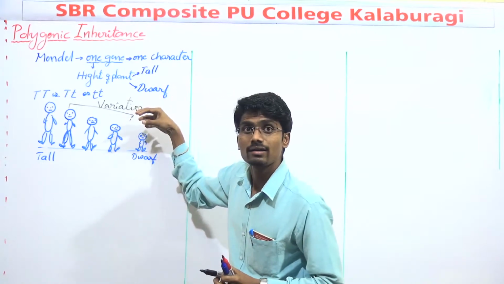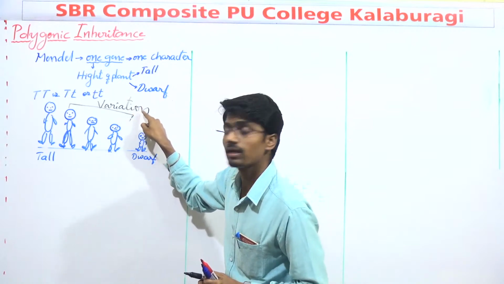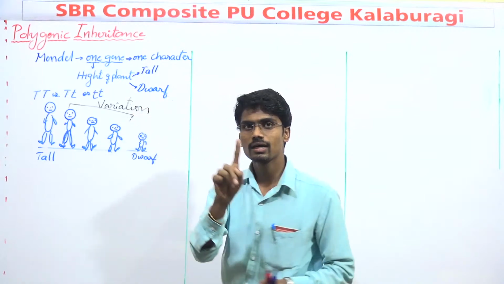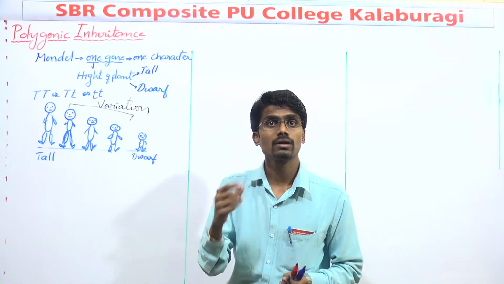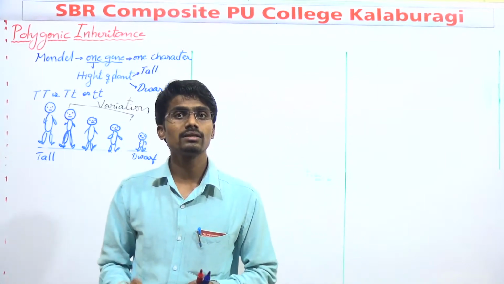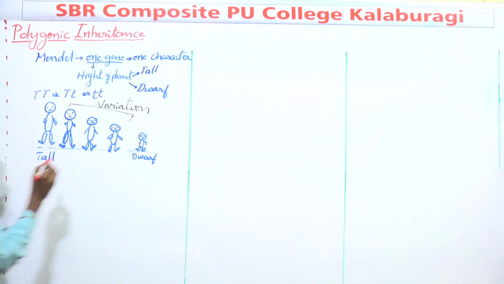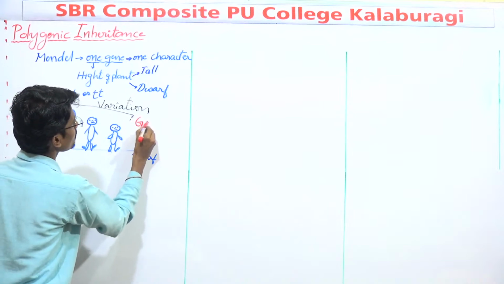Which factor or which genes are responsible for such variation within a single trait? This is the question raised by one of the scientists. His name is Galton. What is the name of the scientist? The scientist's name is Galton.